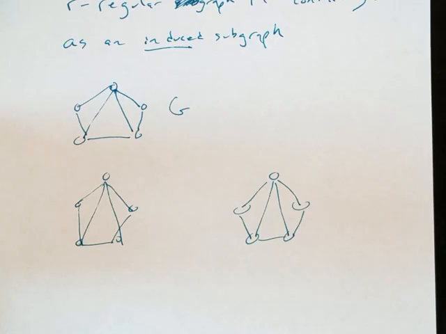I've got a degree 2 vertex over there. I'm going to connect it to a degree 2 vertex over here. I've got a degree 3 vertex over there. I'm going to connect it to a degree 3 vertex over here. I can connect to the corresponding vertices. I can connect to the mirror images. So I'm going to connect like this.